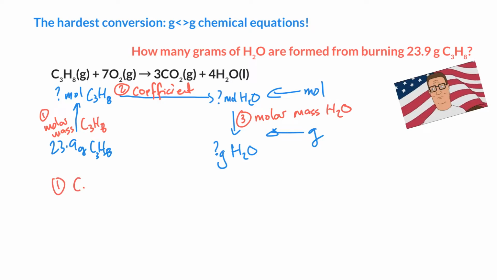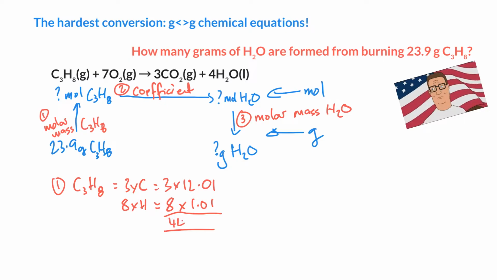So C3H8 is made of 3 C's and 8 H's. And for C, if you use your periodic table an awful lot, you probably remember 12.01. And hydrogen is 1.01. And if we add that up, we get 44.11. So that's how many grams there are in a mole of C3H8.